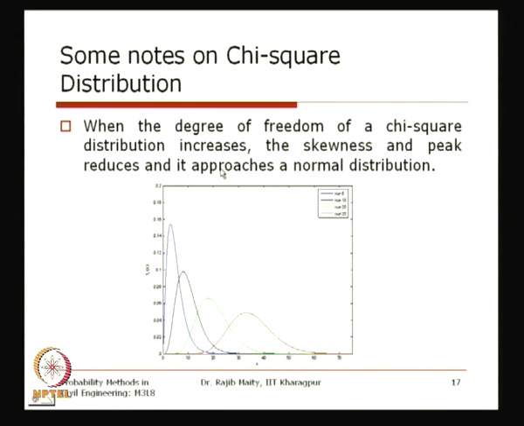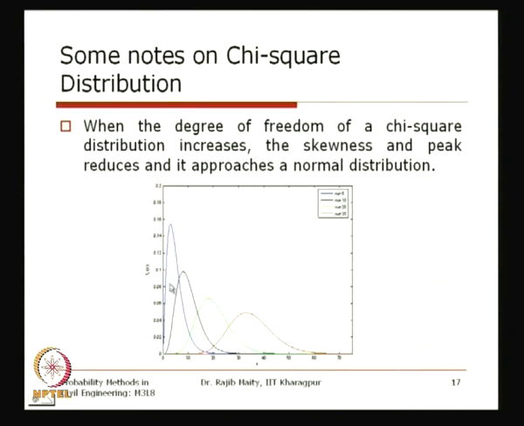This is again explained here graphically: when the degree of freedom of a chi-square distribution increases, the skewness and the peak reduce and it approaches a normal distribution, in the sense that it is approaching a symmetrical distribution and going away from its origin.